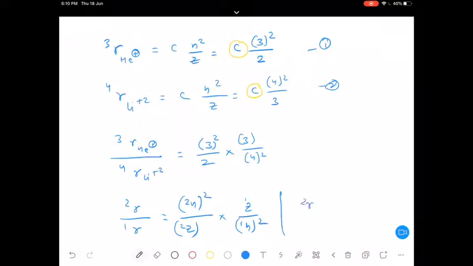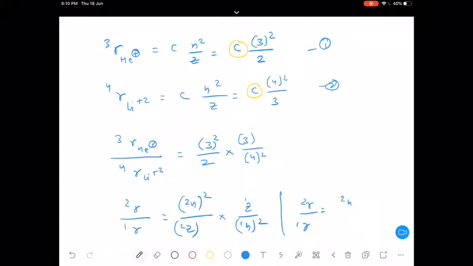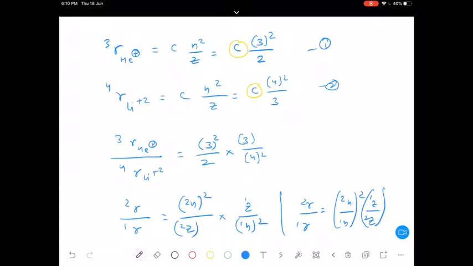Is that correct or not? Or you can write R2 by R1 as n2 by n1 square into Z1 by Z2. Like that I can write. Any confusion, any doubt?